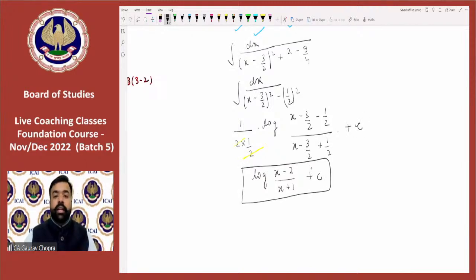So we can convert this into whole square, and after that we can apply the formula of x square minus a square. All right, but the numerator should be 1 in this case. Whenever we apply this whole square method, the numerator should always be equal to 1.